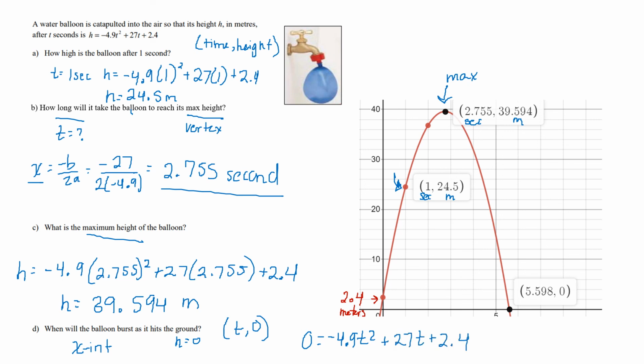When you would work it out, you would actually get 2 answers. You would get the one we're going to accept, which is 5 and 598 thousandths of a second, or you would get a negative answer, and we know we are not accepting a negative answer because you cannot have negative time. Okay, so that would be how we calculate that one.